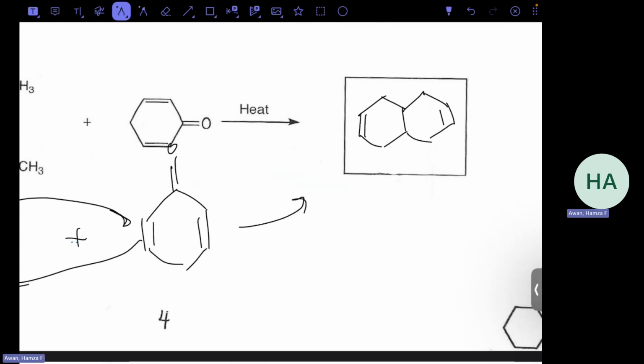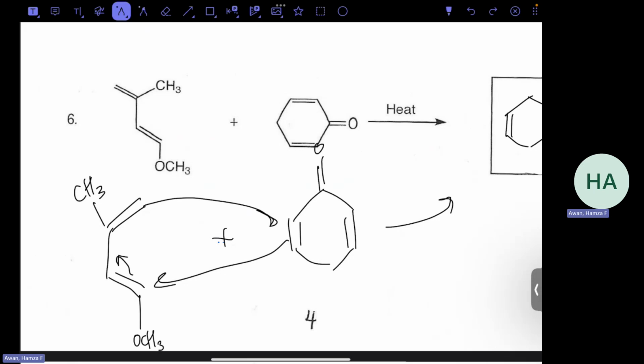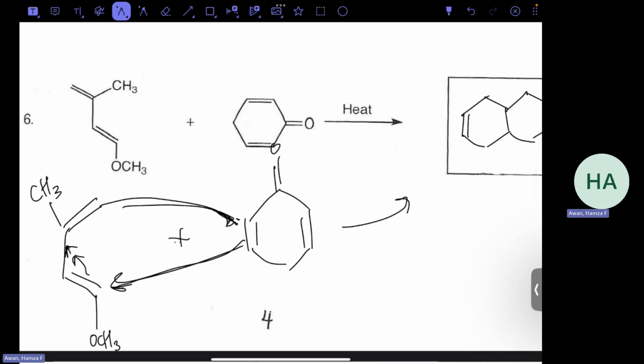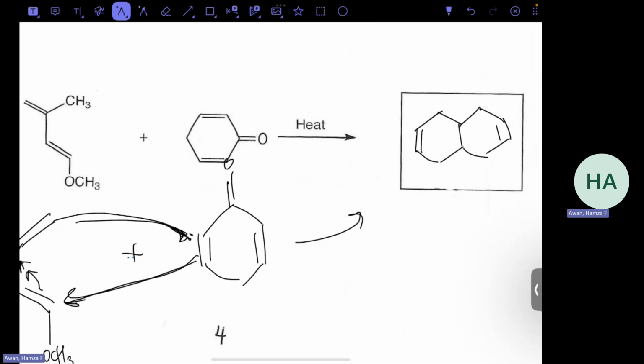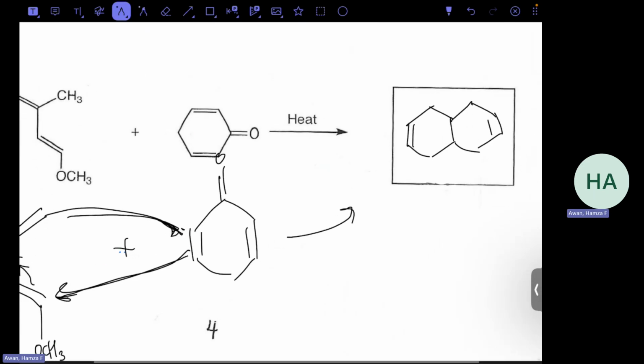So this double bond, it goes away because of the Diels-Alder reaction. So we have this double bond that forms a bond like this, right? This double bond forms a bond like this, and then this double bond creates our alkene, right? So we have one single double bond, and then we have the rest of the ring formed, right?